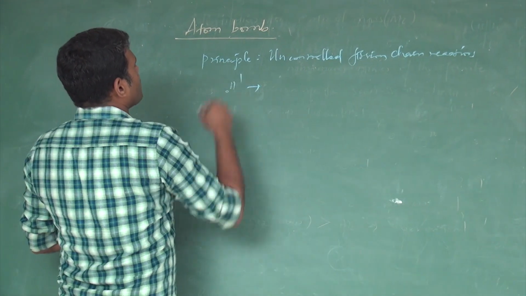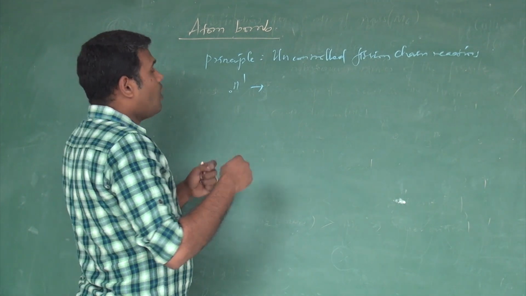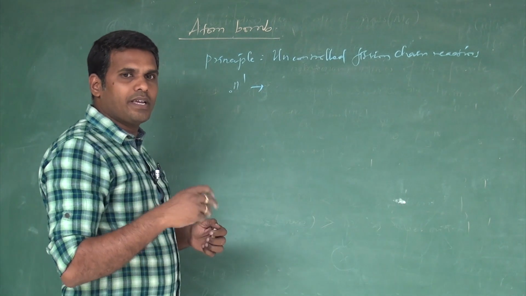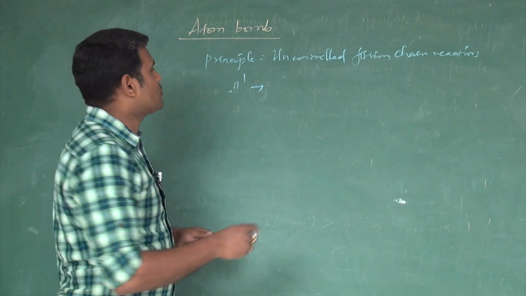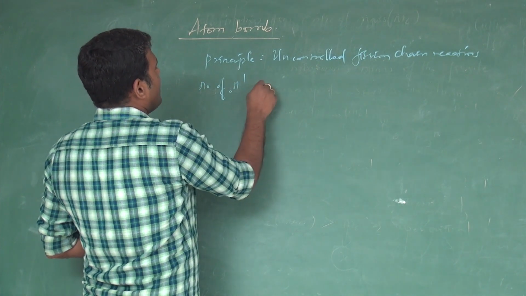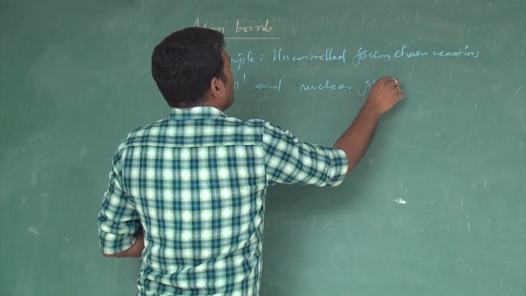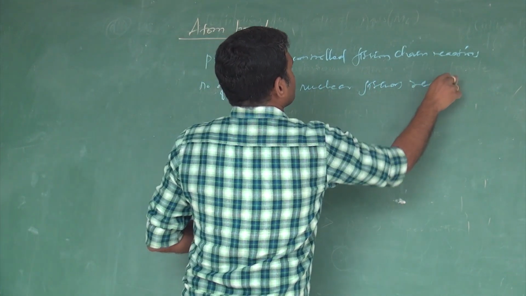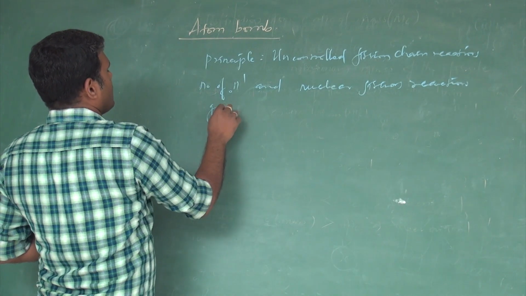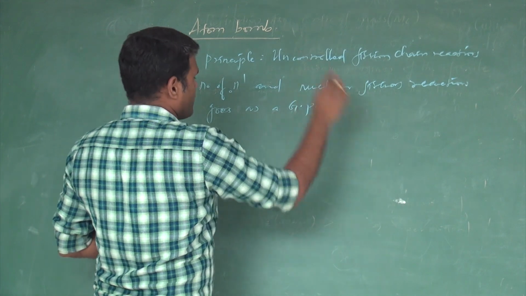The number of neutrons which are produced will go on multiplying indefinitely, as well as the fission process will also be carried out indefinitely, almost in a geometric progression. So the number of neutrons and the nuclear fission reactions go as a geometric progression.